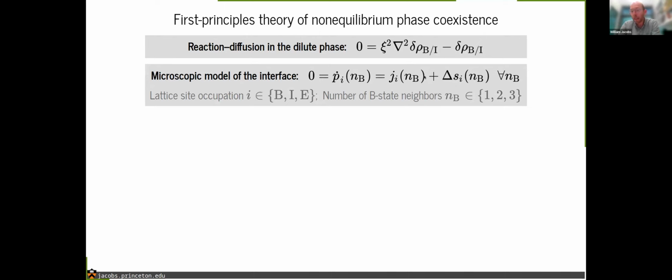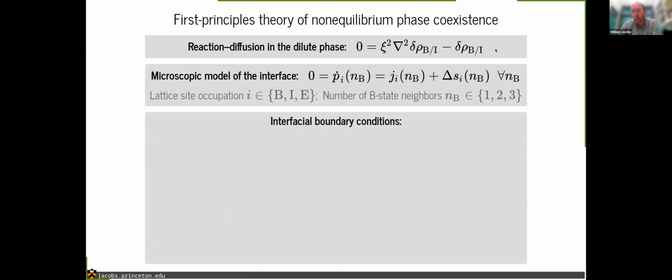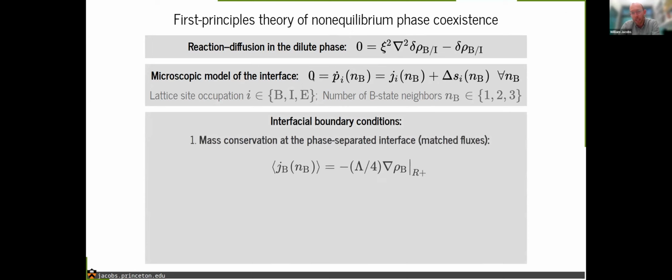So we say that the interface has to be at steady state. So we have this J contribution here, which has to do with diffusive fluxes, and this S contribution that has to do with reactive fluxes. And what we want to do is match these two descriptions to each other, right? So we have a mesoscopic description in the dilute phase, a microscopic description of the interface.